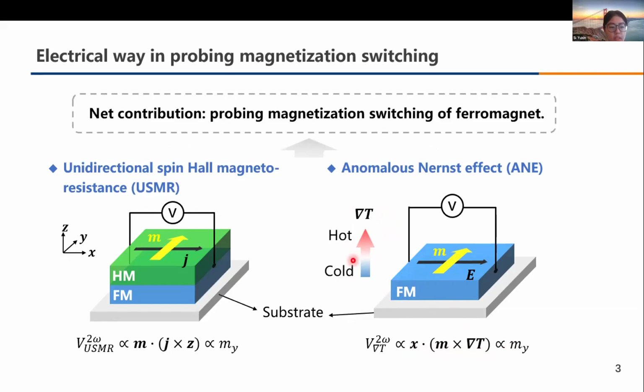As we can see, both the USMR and ANE signals are proportional to my, so their net contribution can serve as an effective tool for probing the spin state of the ferromagnet with in-plane magnetization.